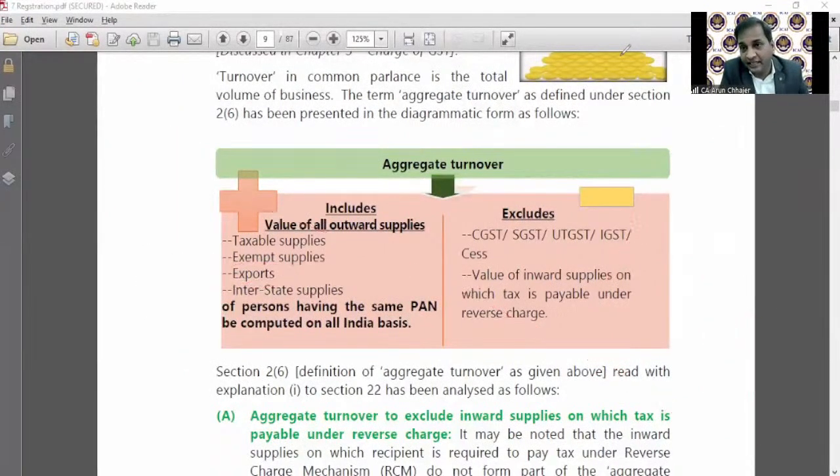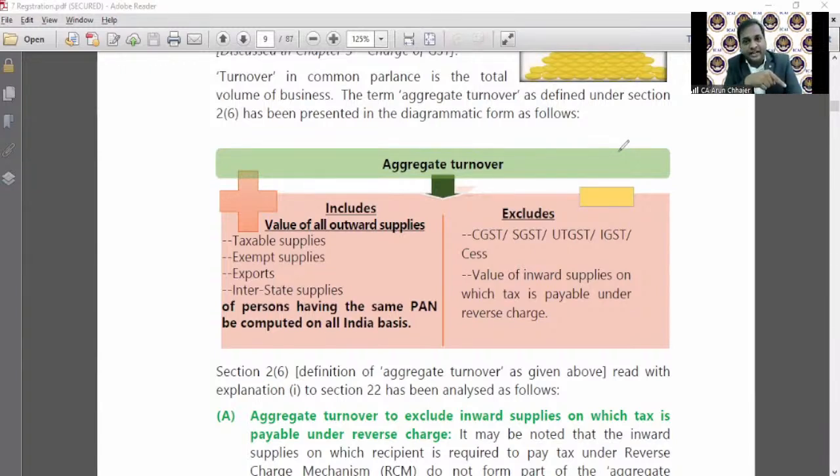Question number 9, I will explain in short. You are doing business in the special category state and the normal state. First, try to understand the concept. You are doing business in a special category state and in the normal state, then the limit would be reduced to 10 lakh rupees. What is the exception?